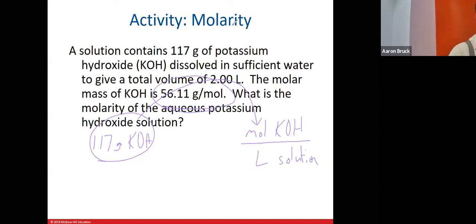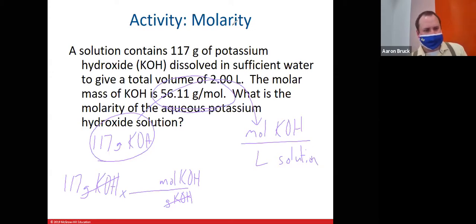So my conversion here, 117 grams of KOH. I need to turn the grams of KOH in the numerator into KOH in my denominator so that they cancel out. And I'm left with moles of KOH.